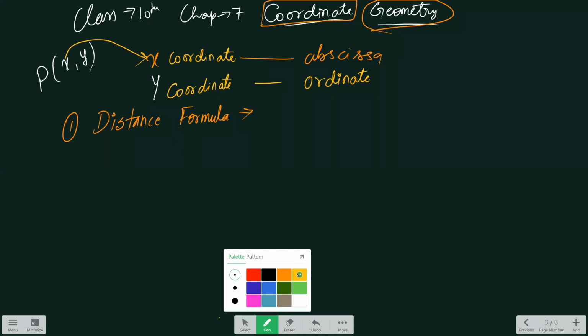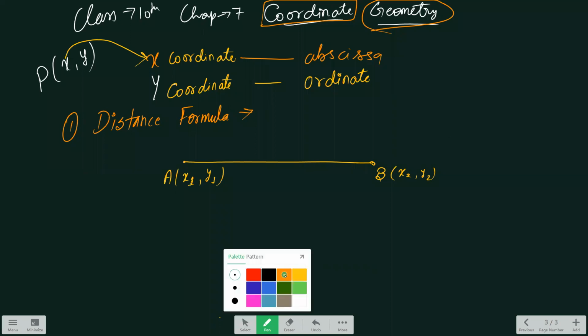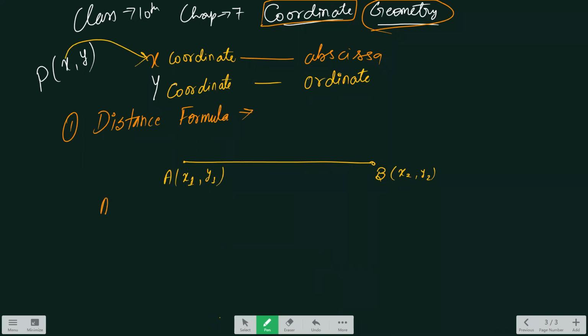Okay, so if point A is (x1, y1) and point B is (x2, x2, y2), the distance between points AB you can find using this formula: under root of (x2 minus x1) whole square plus (y2 minus y1) whole square.